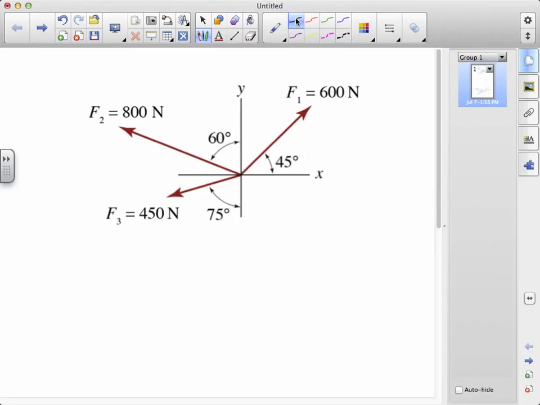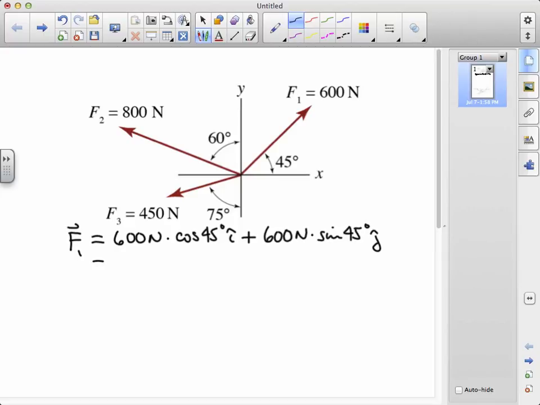In our xy coordinate system, we can write our force F1 as 600 newtons times the cosine of 45 degrees in the i direction plus 600 newtons sine of 45 degrees in the j direction. And the numbers turn out to be 424.3 newtons in both x and y.